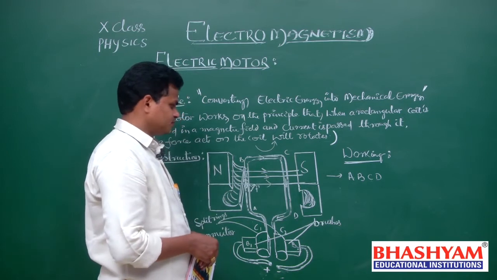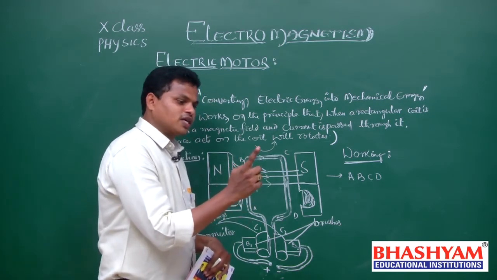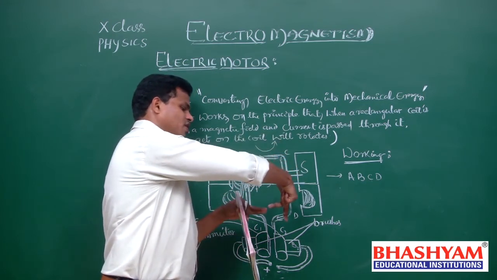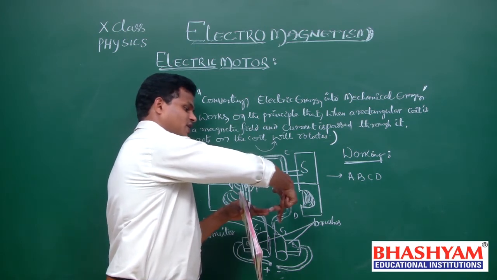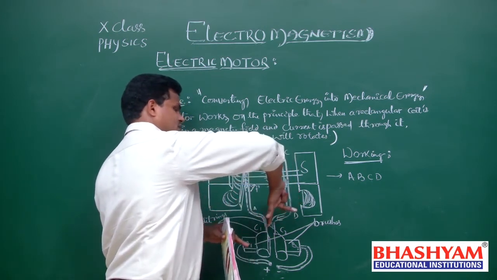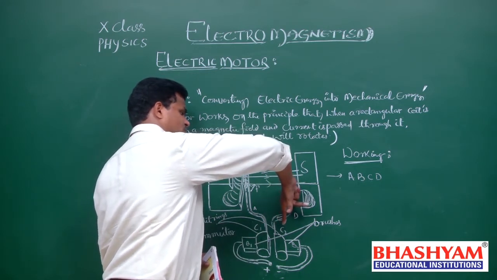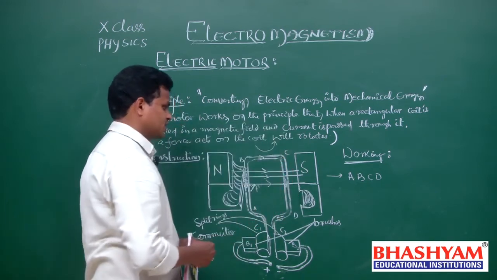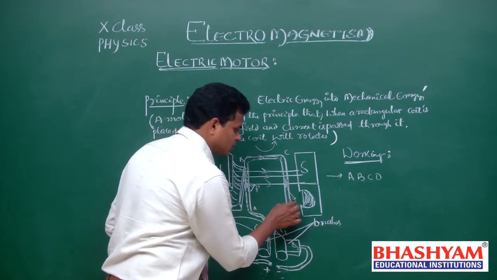Okay, the forefinger points towards the current, the middle finger points towards the magnetic field, like this. Now the thumb gives the direction of the force, which is outward, out of the field. The force acting on CD is outward.